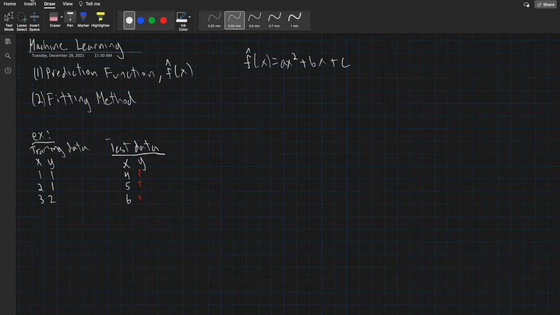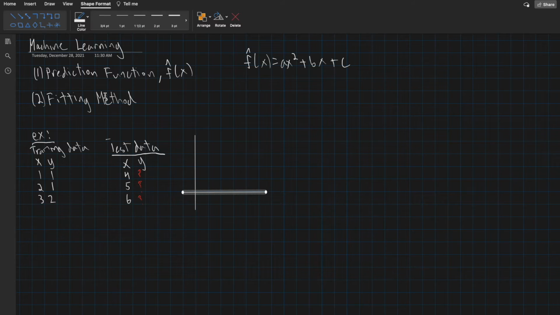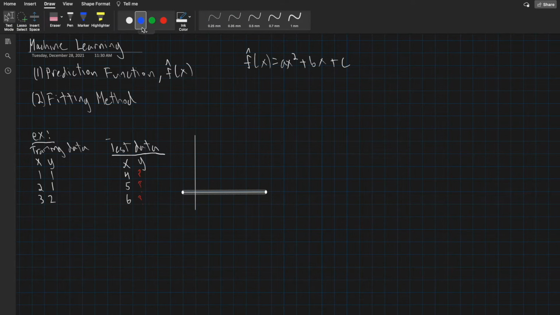So let's try and plot our training data. All right, so we have 1, 1, 2, 1, and then 3, 2. One thing we're trying to figure out is how good is our prediction.